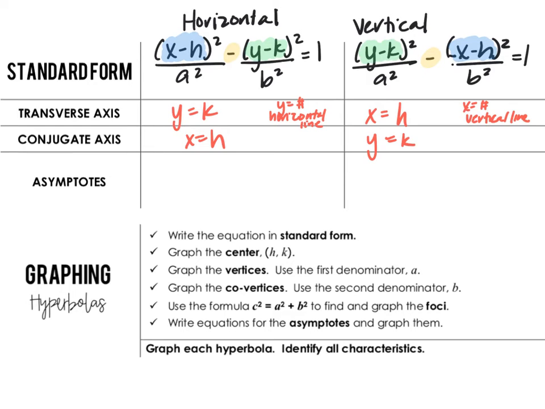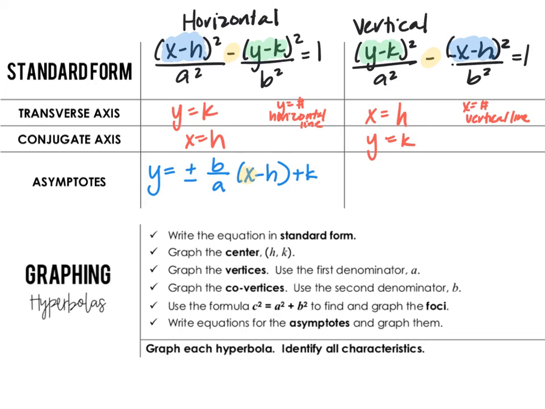And then finally, the last formula is the formula we use to find our asymptotes. And this is where it gets a little confusing. We mentioned it a little bit briefly yesterday, but here's the actual formula. So it's y equals plus or minus, because there's two asymptotes, b over a times (x minus h) plus k. Now the only letter that will be left over that you won't have anything to substitute into will be the x.